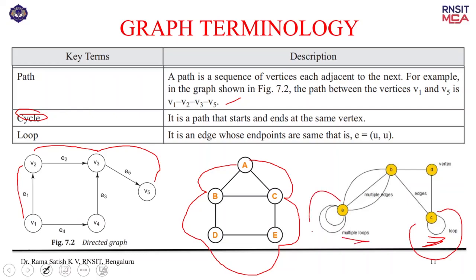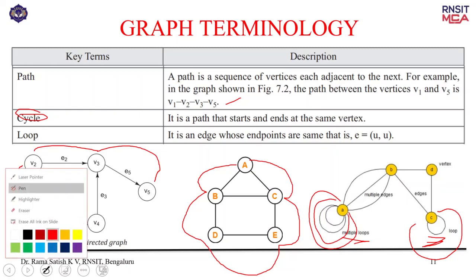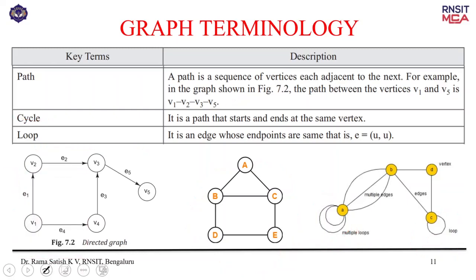From A, I start one way and I reach. Another way is there. That is also same. You start from one node, you will reach the same node in the other end also. So it is an edge whose endpoints are same. So if the path is same, then it is a cycle.